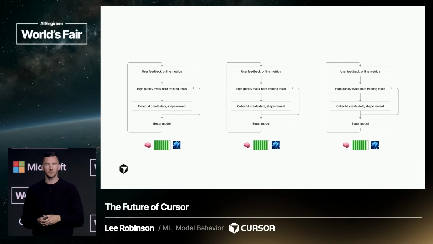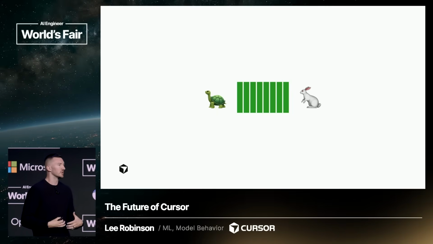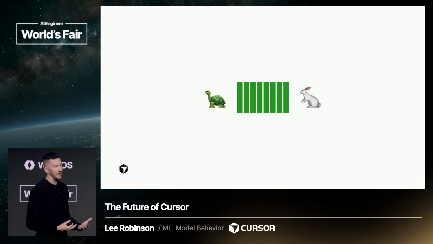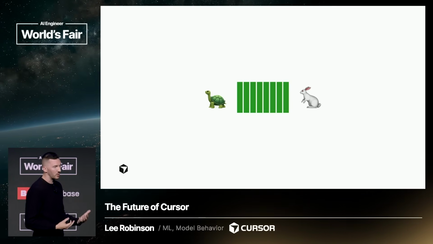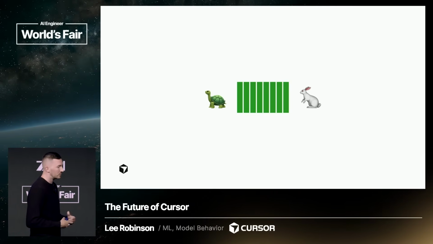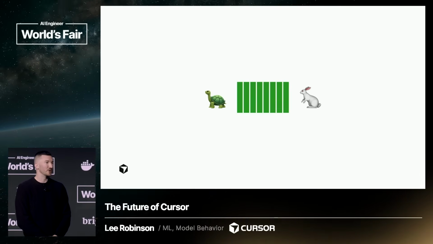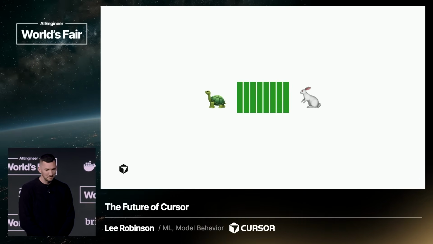And this is how you start to get to something that feels like this recursive self-improvement, this model that is just improving all the time on your behalf. And especially as we bring more and more compute online, I think this is really going to help us scale our model efforts and hopefully make even more useful models for you all to use.